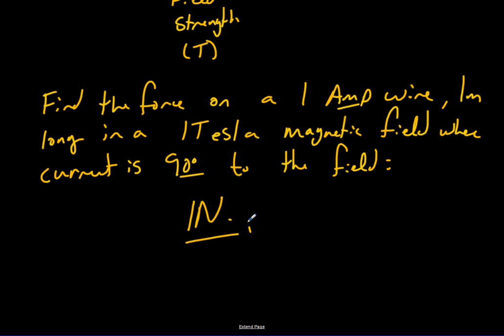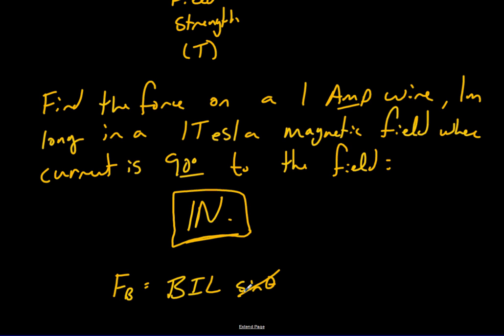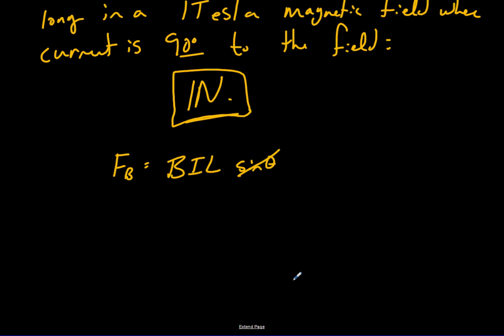Well, I gave you this because this is going to help us understand what a Tesla is to begin with, okay? Or the definition of a Tesla, and what its units are at the end of the day, okay? So if we look at this, F_B equals BIL sine theta. Well, sine theta has no units, right? It's just sine theta. What we want to figure out is, how do we define magnetic field strength?